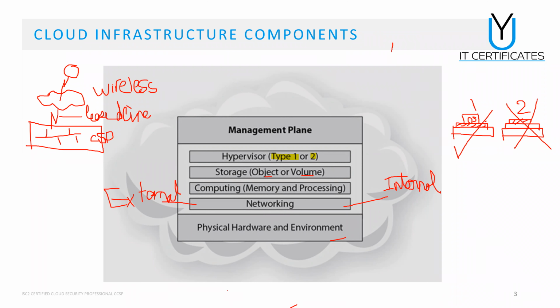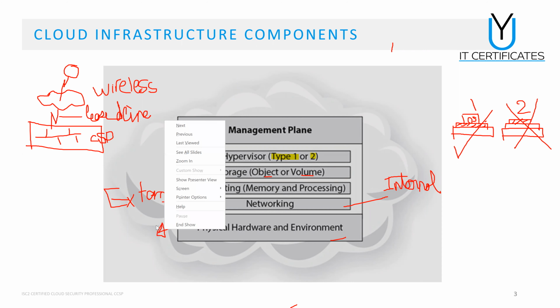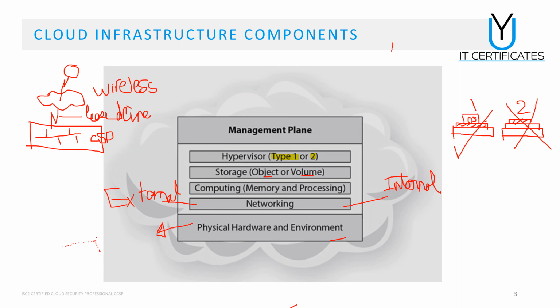Finally, physical hardware and the environment. When we say physical hardware and environment, usually here, my friends, we mean the data center and its facilities. You know that you must have the data center itself and the environment.